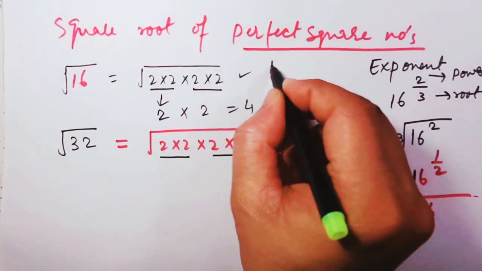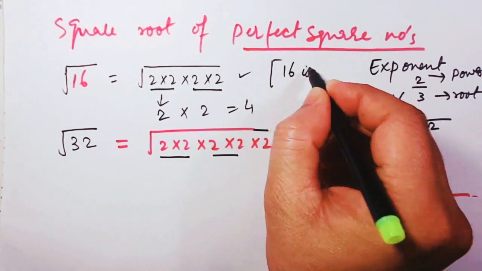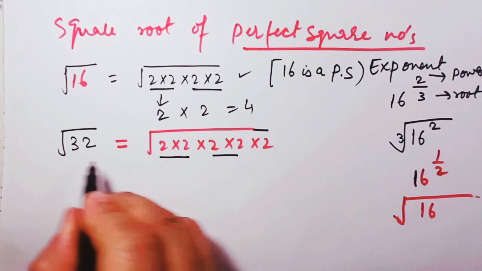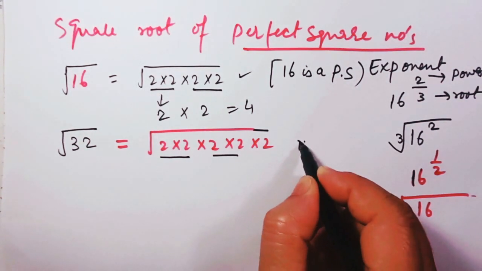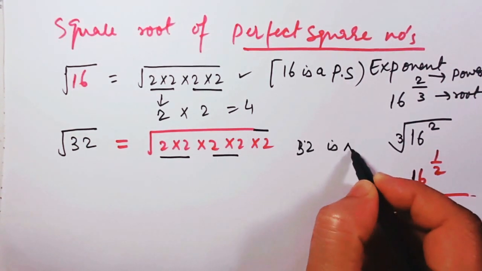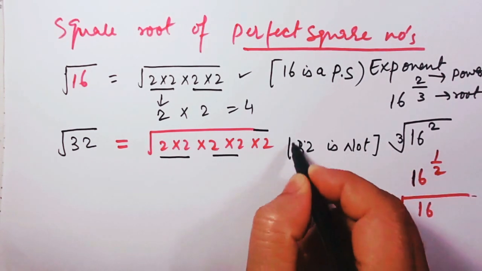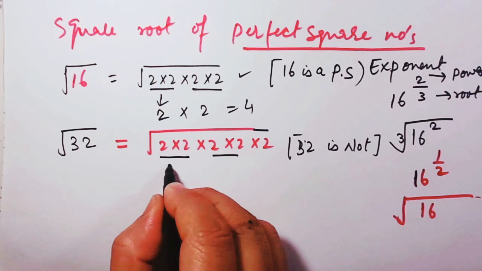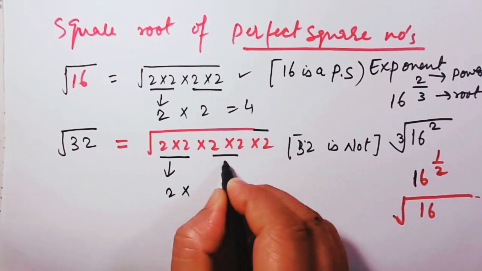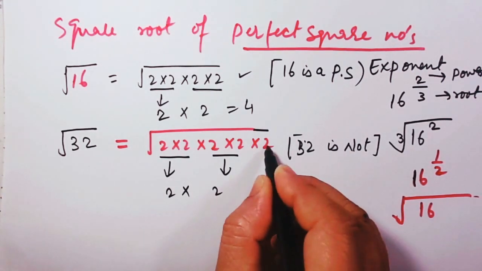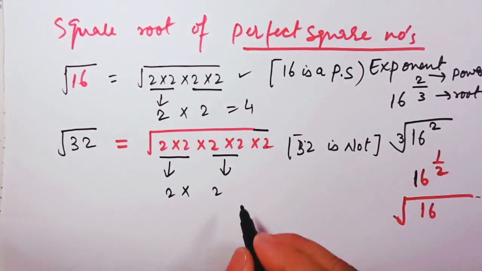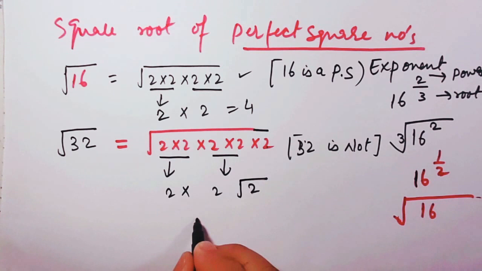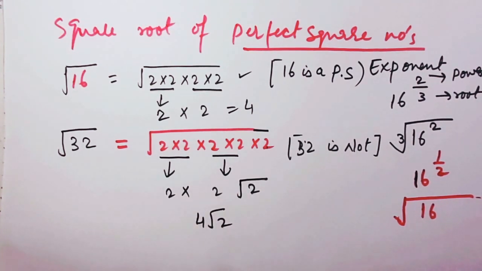This 16 is a perfect square, and this 32 is not a perfect square. Therefore, what will be the answer over here? The answer will be 2 times 2, and this 2 doesn't have any pair, so it will be in the same format. So my answer will be 4 root 2.